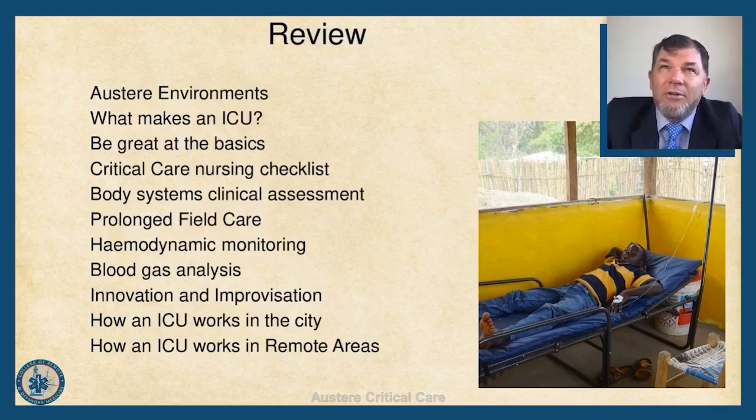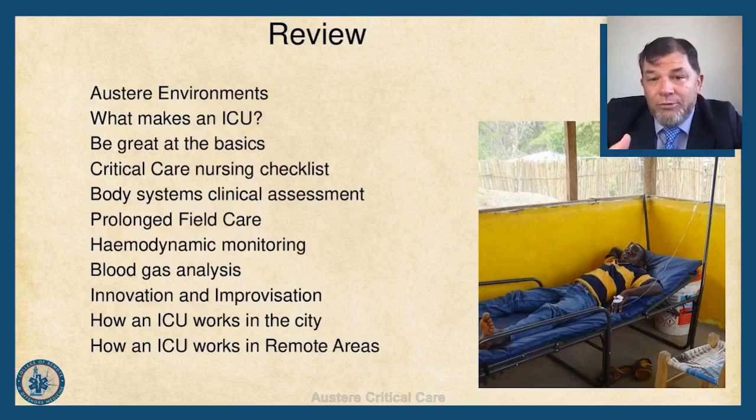Be good at the critical care skills that are patient care, of making sure that the casualty is not in pain or limited pain, the casualty is drinking, the casualty's head is lifted so they can engage with the environment around them. Know how to do your body systems clinical assessment. We'll talk about that in the next lecture.